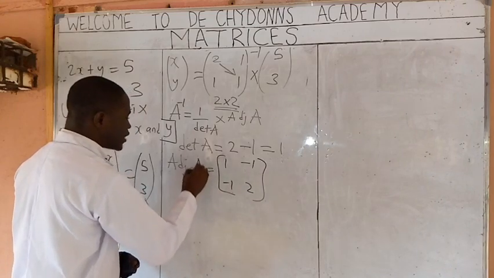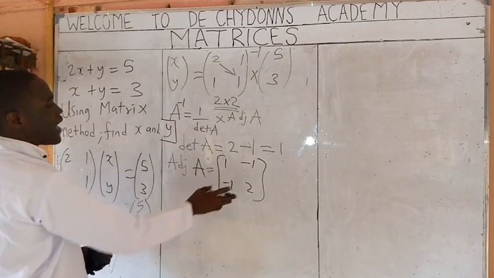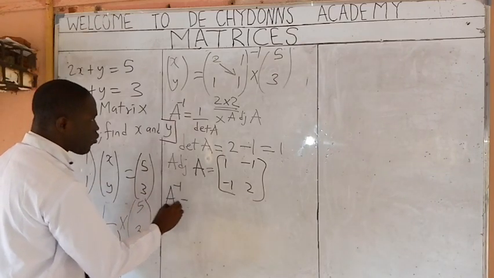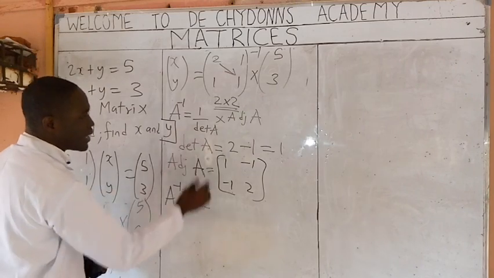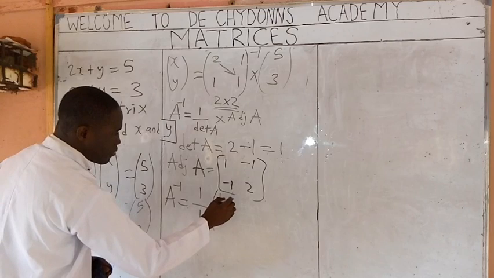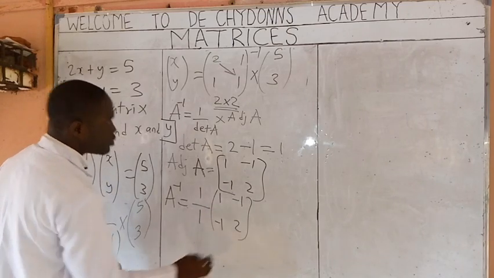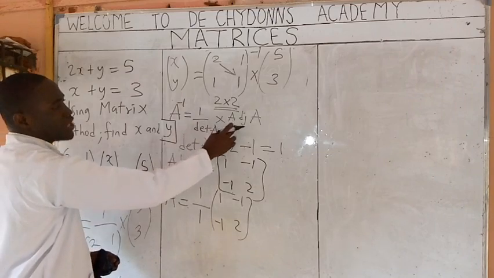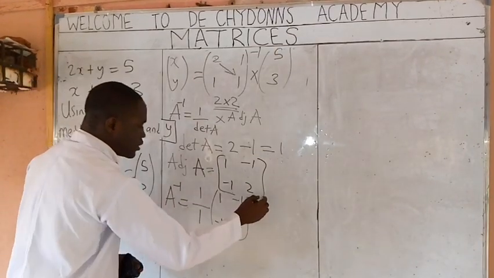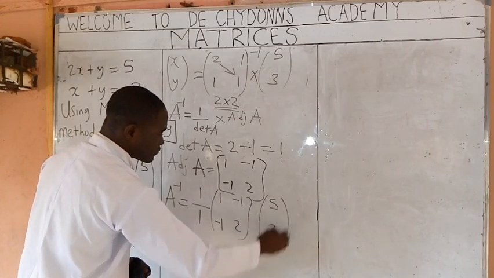I've gotten the adjoint of matrix A. After getting it, package it. A inverse equals to 1 over the determinant, which is 1, times the adjoint, 1, minus 1, minus 1, 2. Then times 5 and 3.